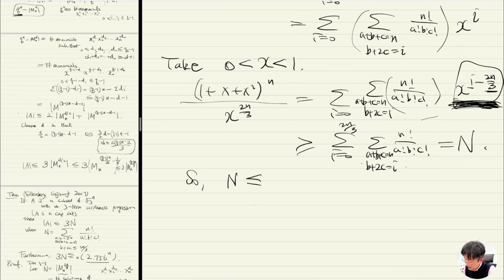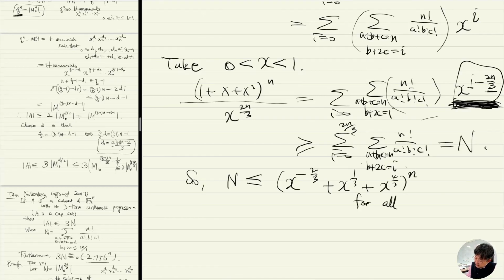right, so let me compute a little bit further. So x to the minus 2/3 plus x to the 1/3 plus x to the 4/3, to the nth power. All right, this is true for all x between 0 and 1. Now, what I'm going to do is choose x to minimize that.